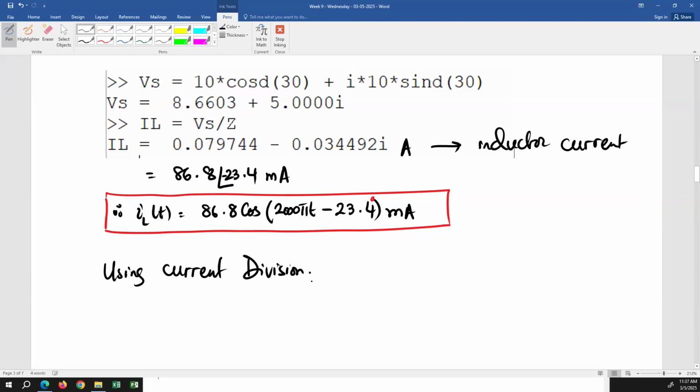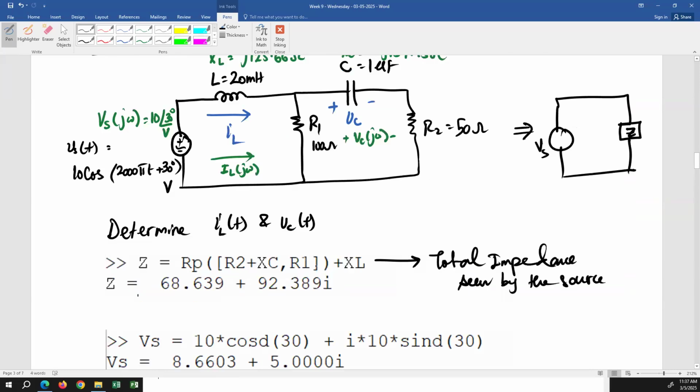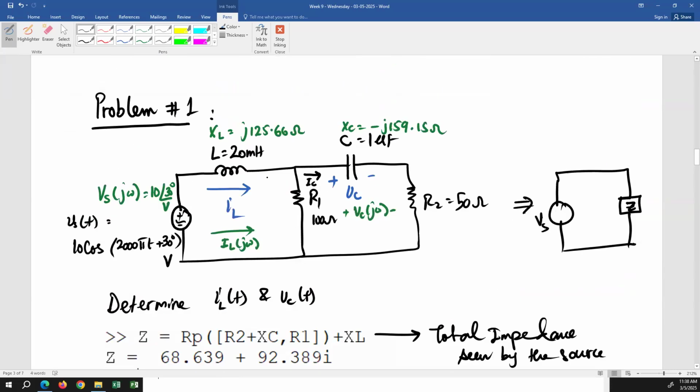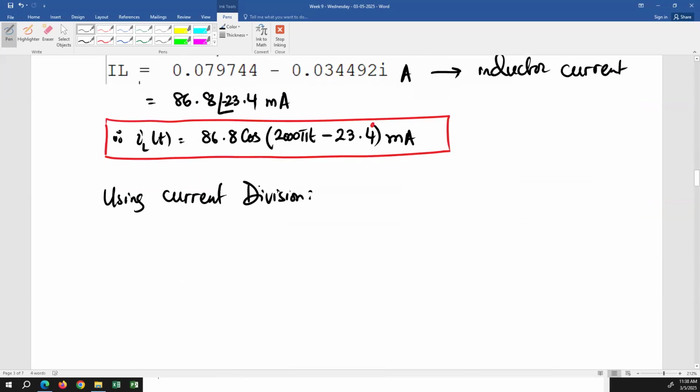No, actually current division is okay. I was thinking we find the voltage, but that's fine. We can just do the current division. Using current division, we will be finding this current IC, and this current, let's call this current IR1. So we are finding IC.